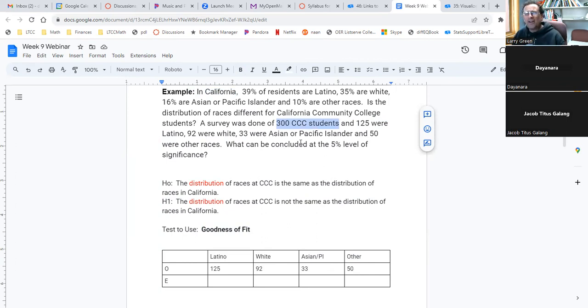How do we find out how many of those we would expect to be Latino if they have the same distribution as in California? How do we find that out mathematically? The hint is there's a little bit of math, nothing too hard, but a little bit of math. What do we have to do? Any thoughts?